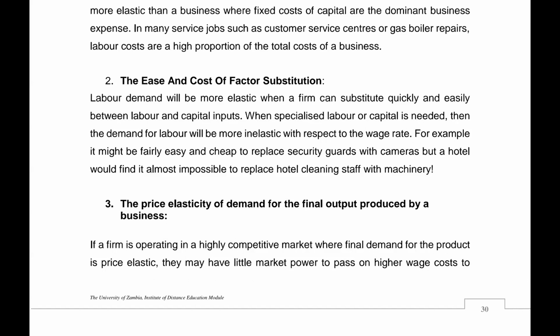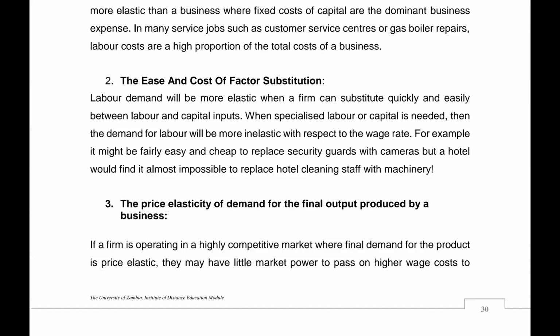Whether we increase the wage rate or not, the firms would still demand the same quantity of labor. An example: it might be fairly easy and cheap to replace security guards with cameras, but a hotel would find it almost impossible to replace hotel cleaning staff with machinery. That's an example you should understand.